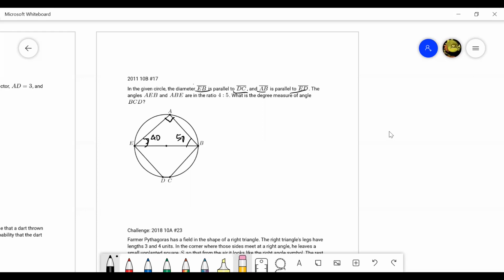Anyway, that's not really part of the point. But basically, since AB is parallel to ED, this angle is also 50. We know this since they're alternate interior angles like this. So by the parallel line rule, these two angles are equal.